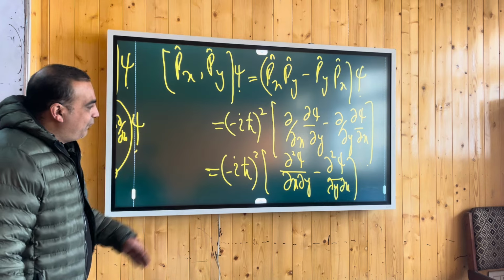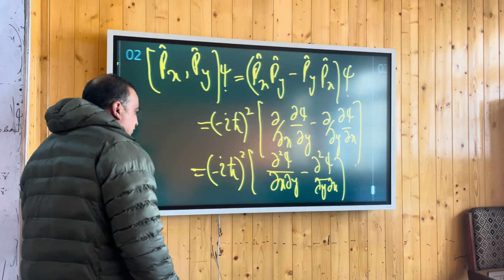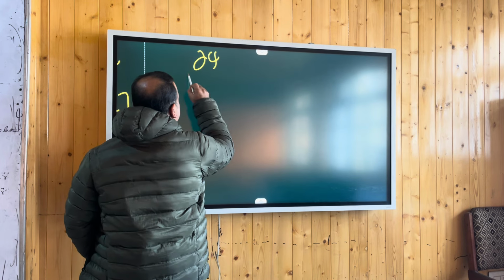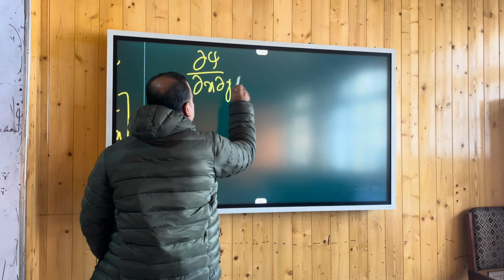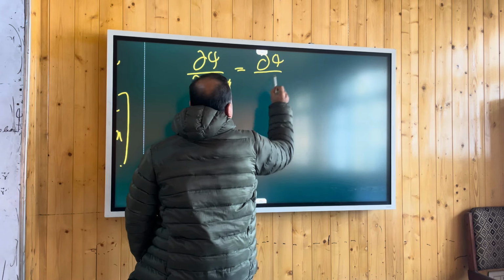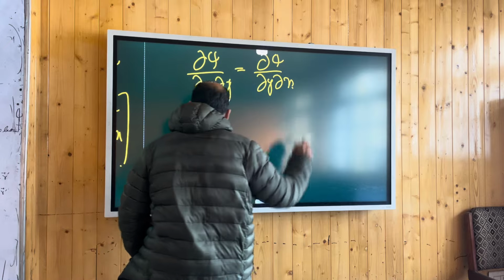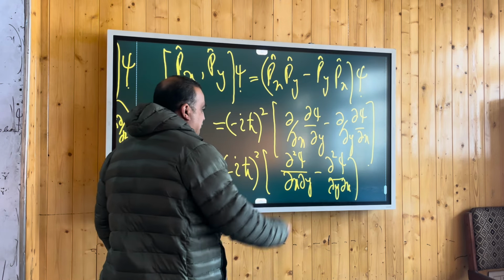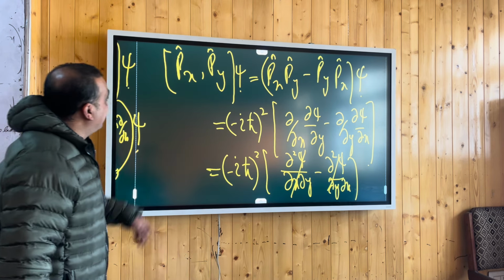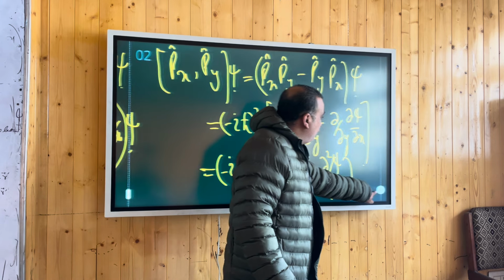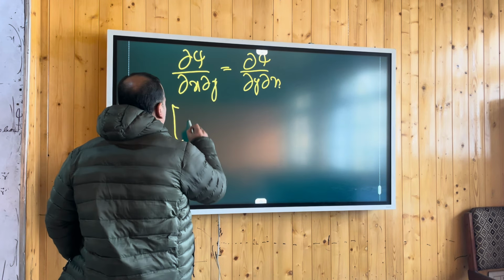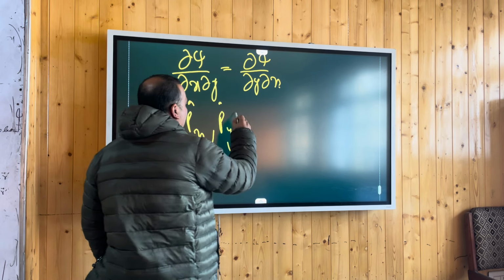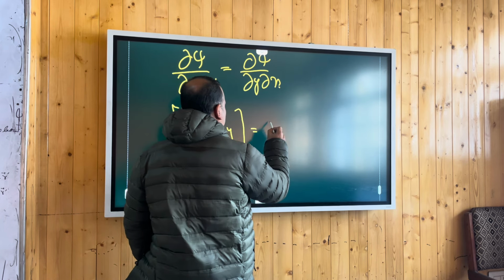And we understand from the properties of partial derivatives that dou 2 psi by dou x dou y must be equal to dou 2 psi by dou y dou x. So immediately you can cancel the 2 terms and the result will be 0. So the commutation between px cap and py cap will be equal to 0.